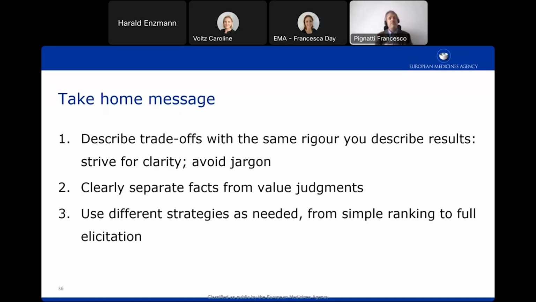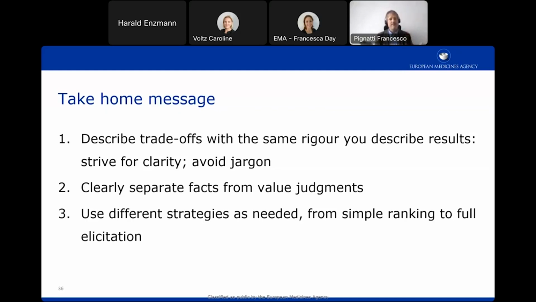And so a lot of emphasis you will see in our report, in our discussion, on describing the benefit-risk assessment with the same rigor as we describe results of a study. Avoid jargon that is very useful sometimes in common parlance and debates, but when it comes to communicating the decision, well, clinical relevance or manageability have little to convey in terms of precise trade-offs.